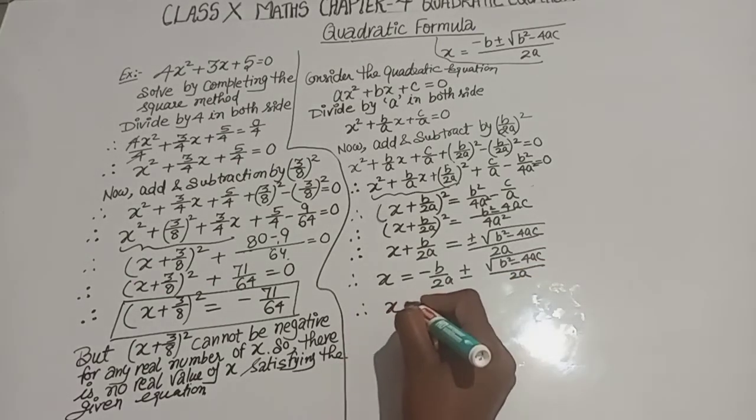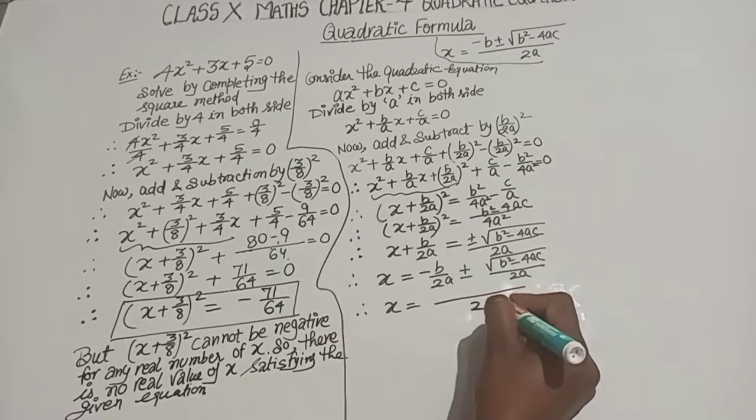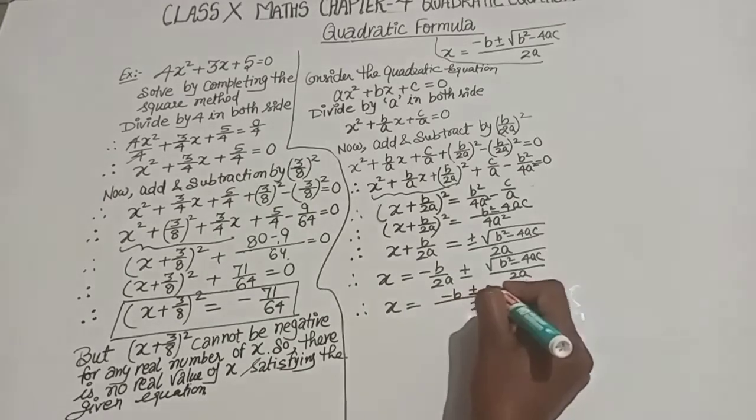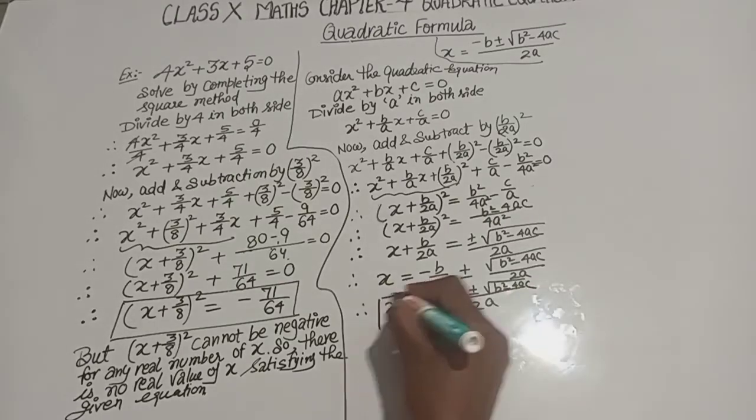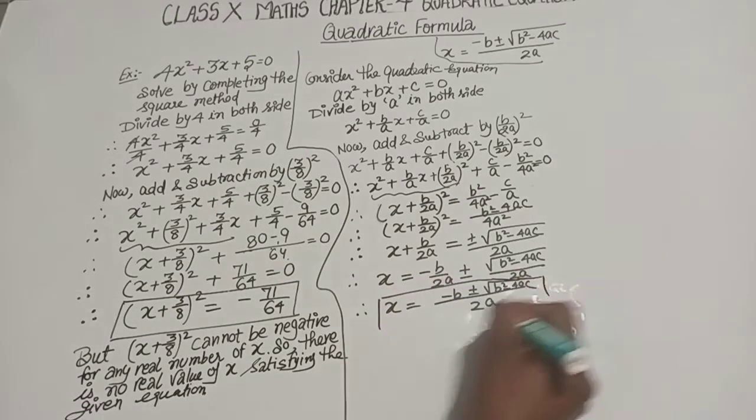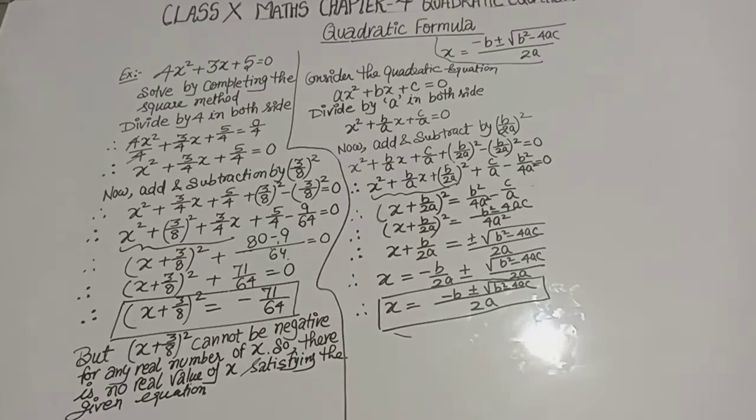So x is equal to minus b plus minus under root b square minus 4ac, upon 2a.